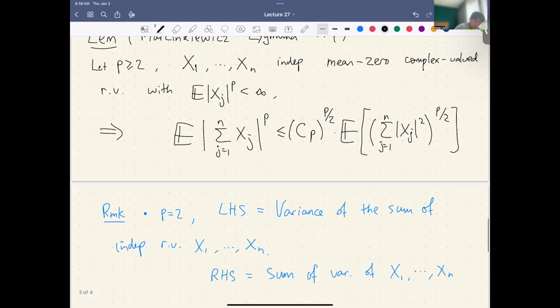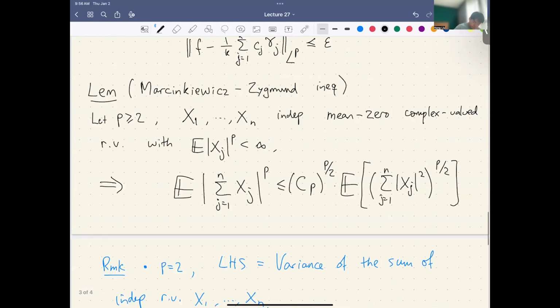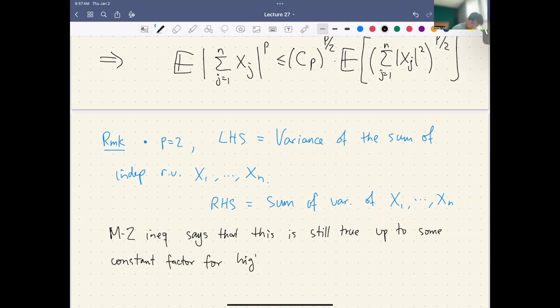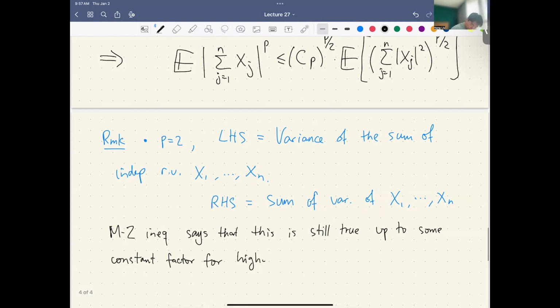So this MZ inequality up to some constant factor for higher moments. Okay.